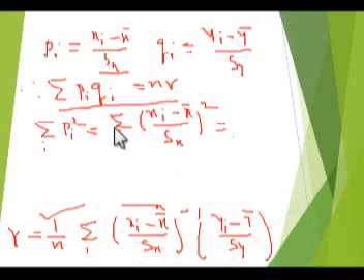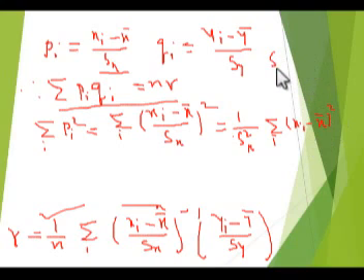Standard deviation does not depend on the summation, so we can take out one by sx whole square, and summation of xi minus mean of x whole square is of course equal to n sx square.